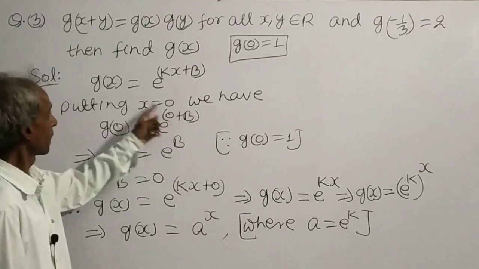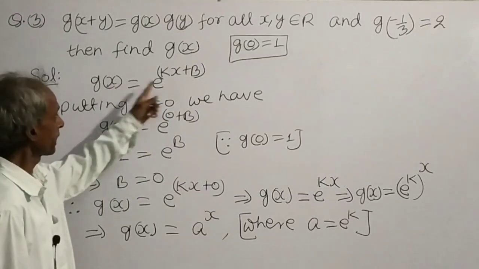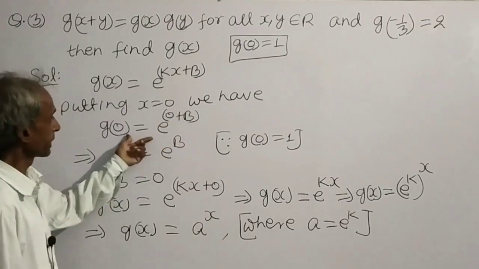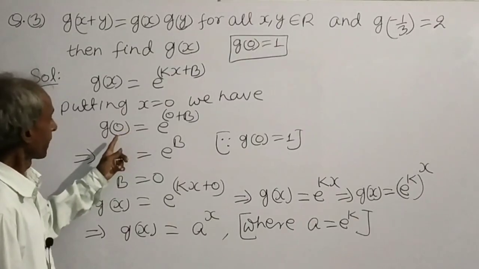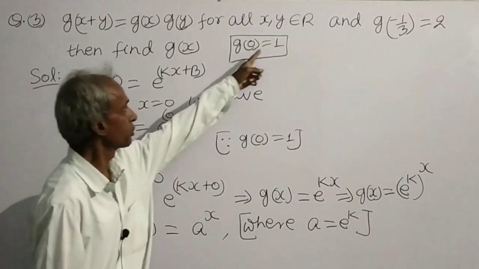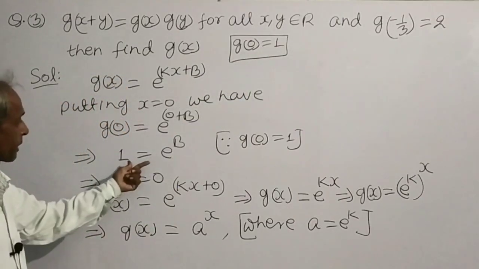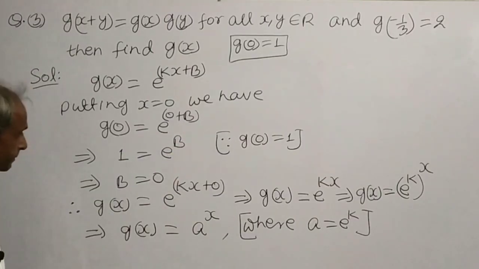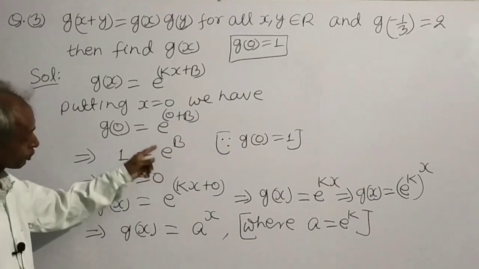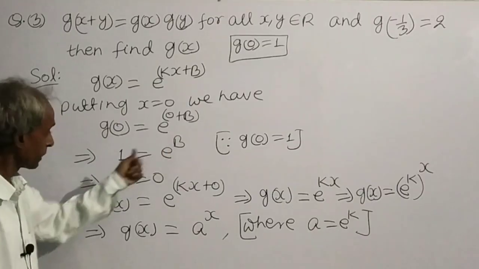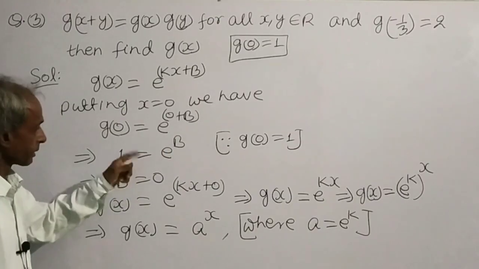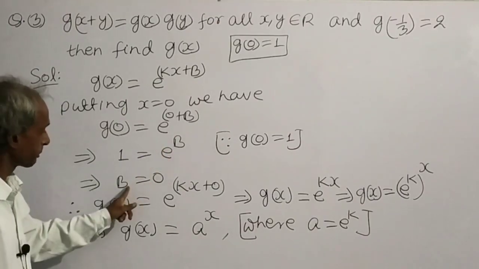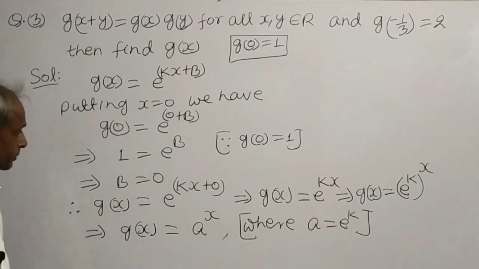Putting x is equal to 0 here and here, we get this. But the value of g(0) is 1, therefore we get 1 is equal to e to the power b. Since e to the power 0 is equal to 1, that means the value of b will be 0.